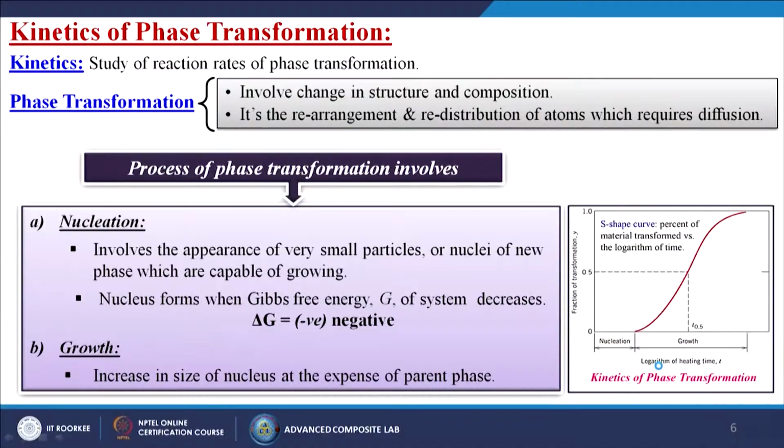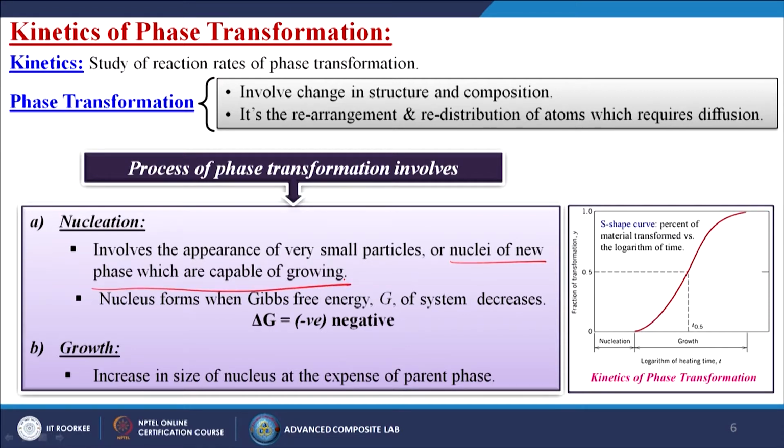Suppose I have an embryo, then it will become a little bit bigger. It is like a baby. So nucleation is taking place, and then from baby to mature person, that means growth is taking place. Nucleation involves the appearance of very small particles or nuclei of a new phase which are capable of growing.